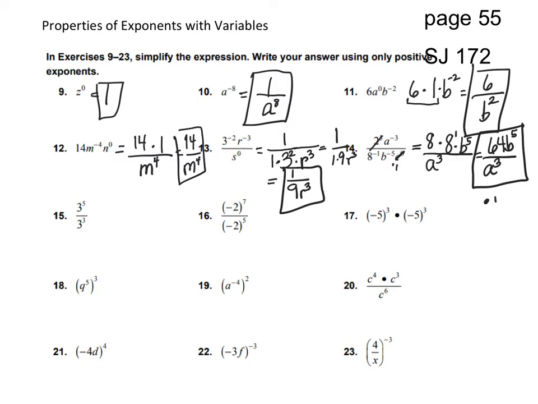First of all, when you're multiplying like bases, you add exponents. When you are dividing like bases, subtract exponents.